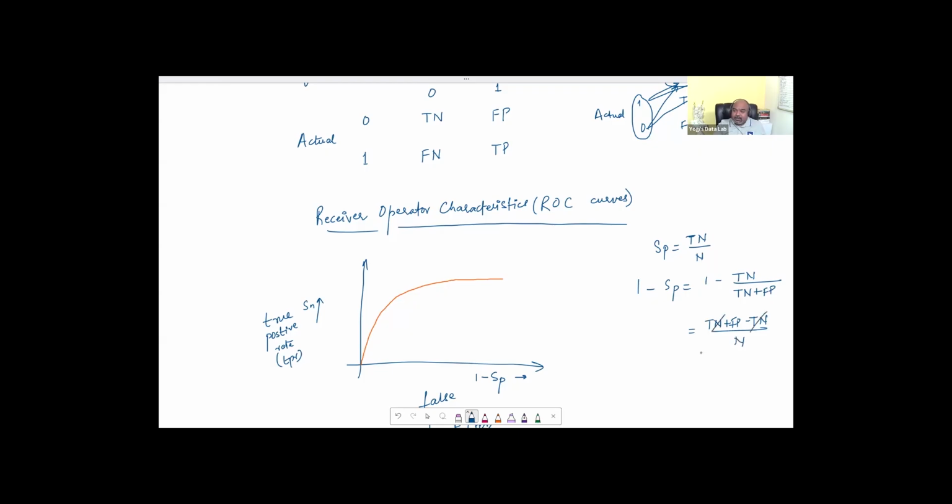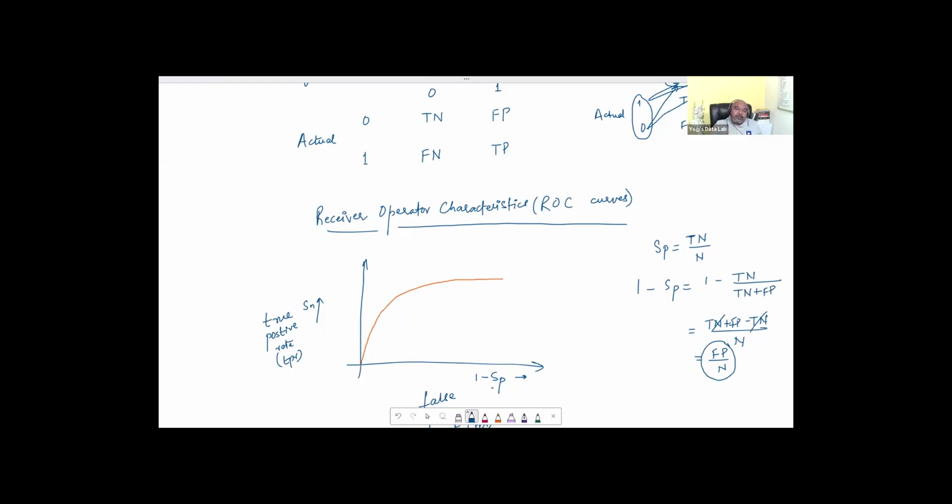This cancels out and becomes Fp by n. So how many false positives out of the total number of negatives? It becomes the false positive rate. So my x-axis is 1 minus Sp.